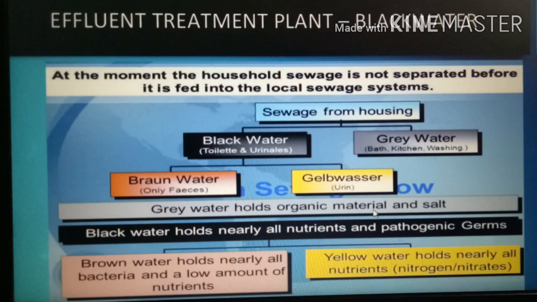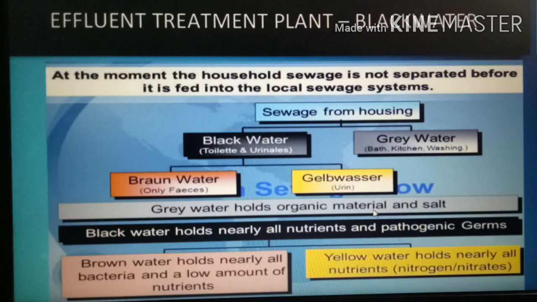The grey water holds organic material and salt. Black water holds nearly all nutrients and pathogenic germs. Brown water holds nearly all bacteria and a low amount of nutrients, and yellow water holds nearly all nutrients, nitrogen and nitrates.